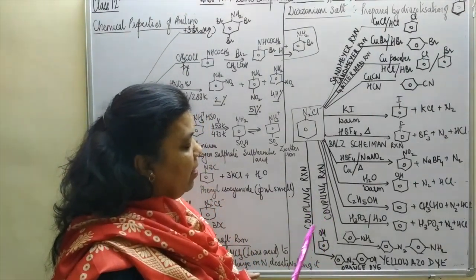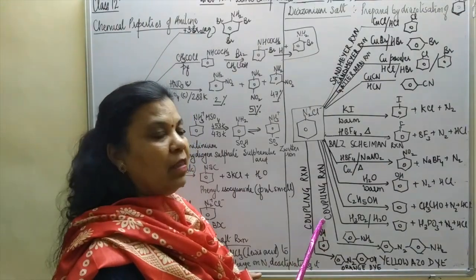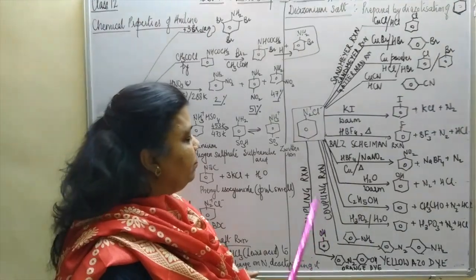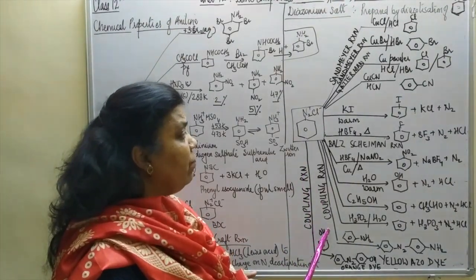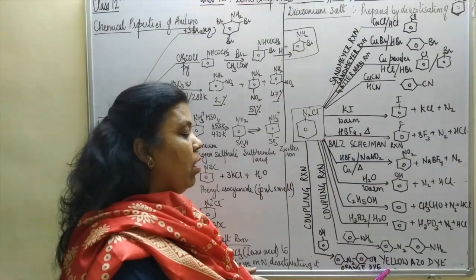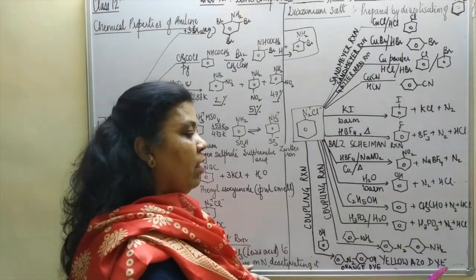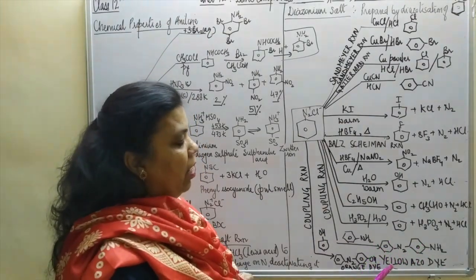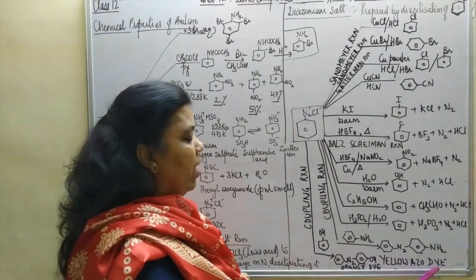Next two reactions are comparable. They are called coupling reactions, which we have already studied in the name reaction video lecture 1.3. So coupling reaction involves the reaction of BDC with aniline to form a yellow color azo dye. The name is 4-aminoazobenzene. It is a yellow colored azo dye.